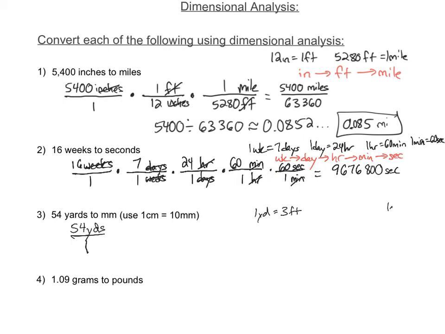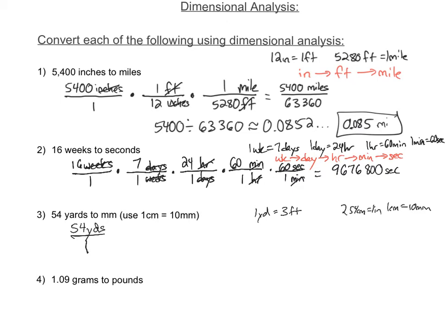If I know that 1 centimeter is equal to 10 millimeters, then I'm trying to get basically from feet to centimeters. And the only way that I can transition between systems that I'm seeing off the top of my head is that 2.54 centimeters is equal to 1 inch.